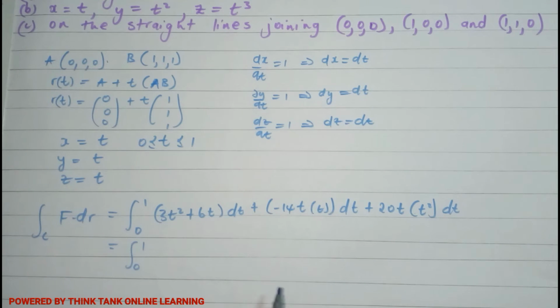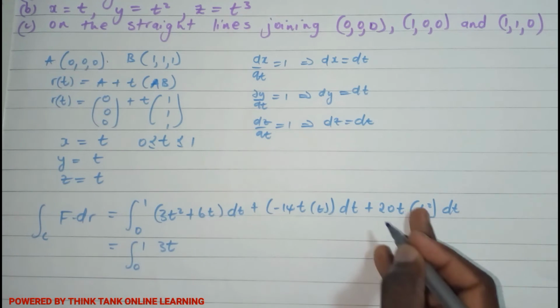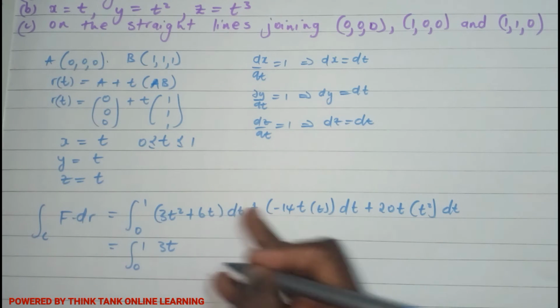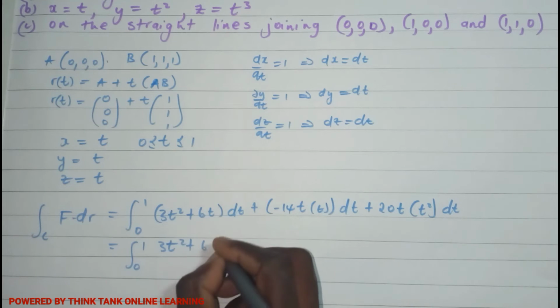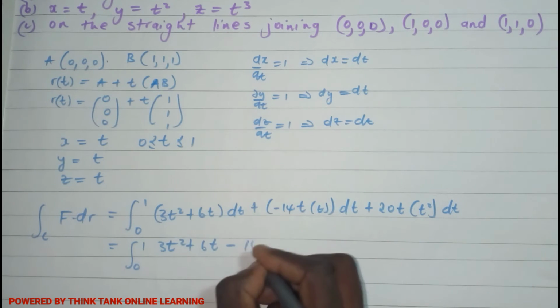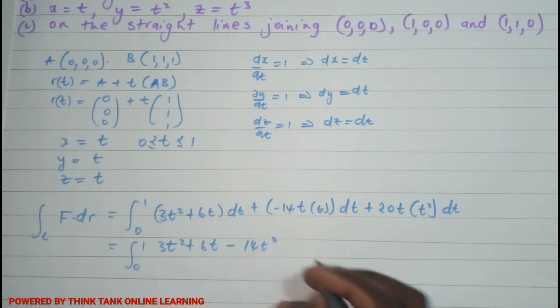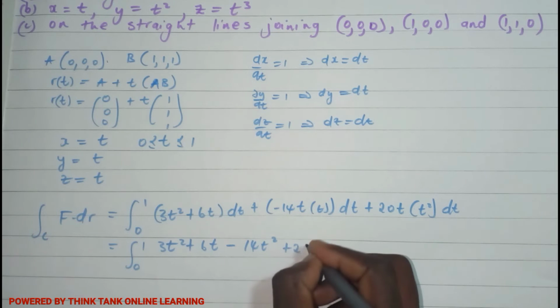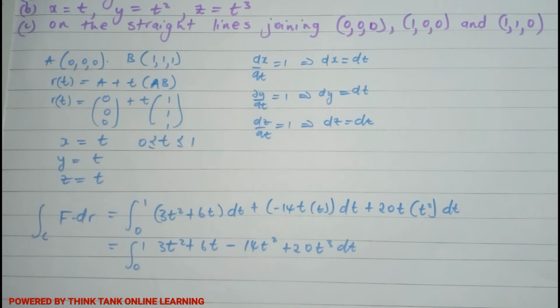If we simplify, we factor out dt, since we have dt in each term. We get 3t squared plus 6t, and negative 14t squared, and plus 20t to the power 3, dt.